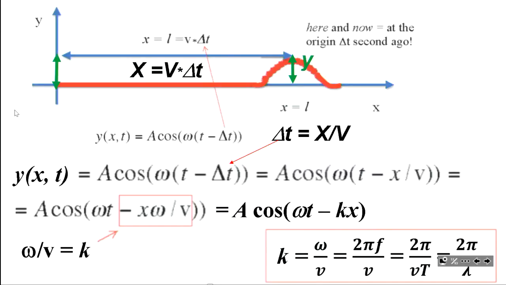And this combination comes from just the expression for time, which some people call time delay, because the same displacement we observed this time before at the origin. And if the location is here, distance traveled equals speed times time, so time will be equal to this distance traveled over speed.